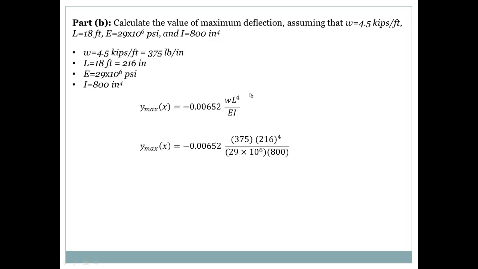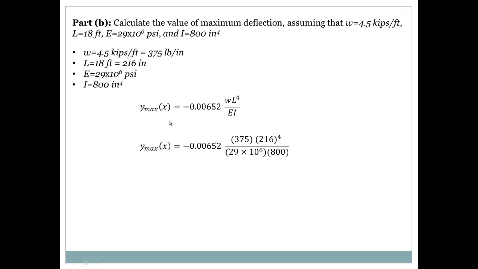Now all I have to do is substitute these values, making sure I am using the correct units. For this one, W is in kips per foot, but I convert that to pounds per inch. And for the length, I convert this to inches. So I need the forces all in pounds and the lengths all in inches.